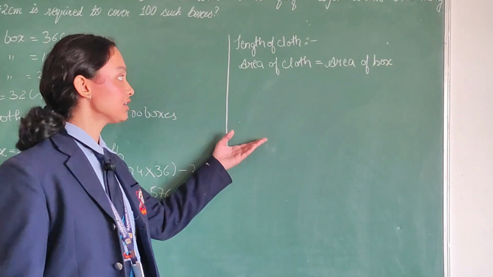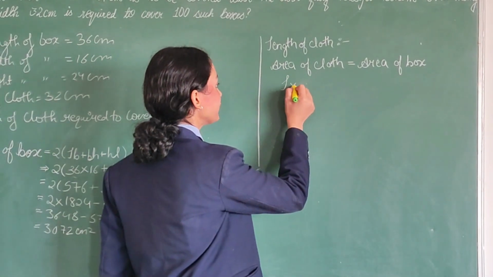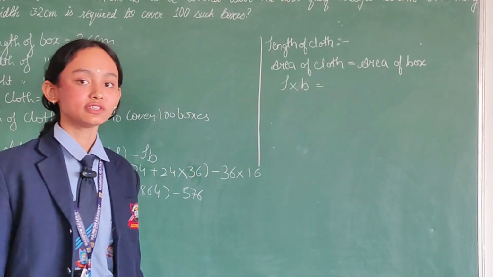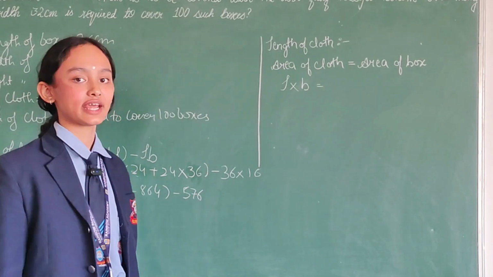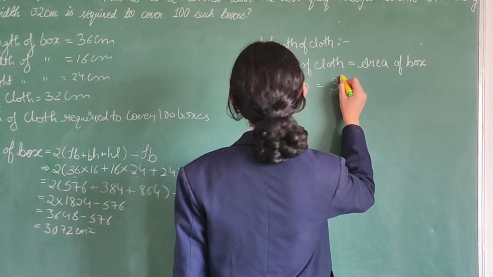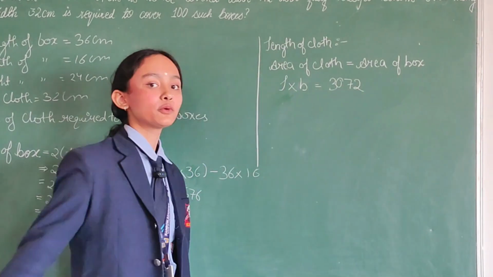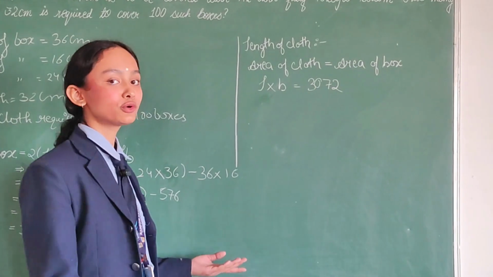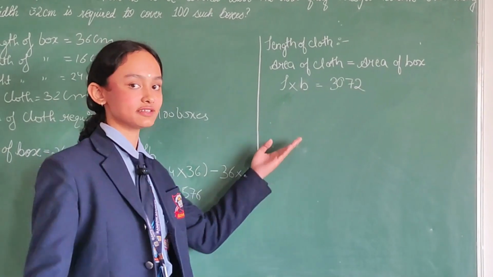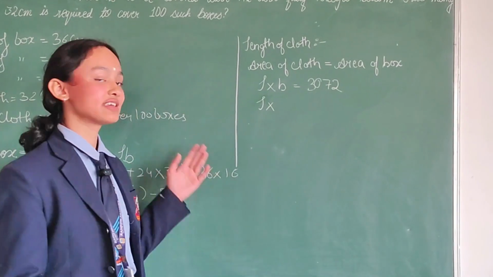We will do area of cloth is equals to area of box, and the area of cloth will be length into breadth because our cloth is in a rectangular shape and area of rectangle is length into breadth. Now we will put the values of length and breadth. We don't know the length, so we will write length as it is. But the breadth is 32 as given in the question.